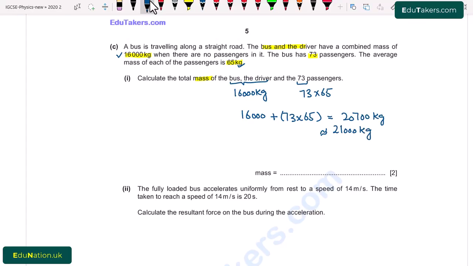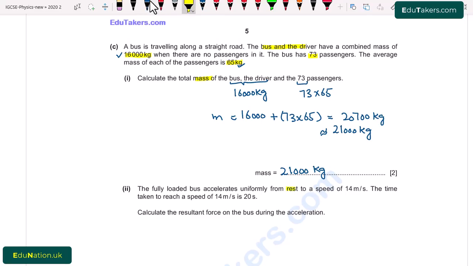So I write here mass is equal to 21,000 kilogram. Part 2. The fully loaded bus accelerates uniformly from rest.